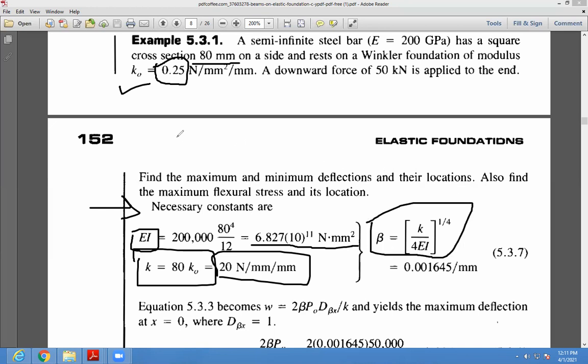As you know, beta fourth is equal to K by 4EI. So we have to find out the value of beta. So take the fourth root of this and find out the value of beta.